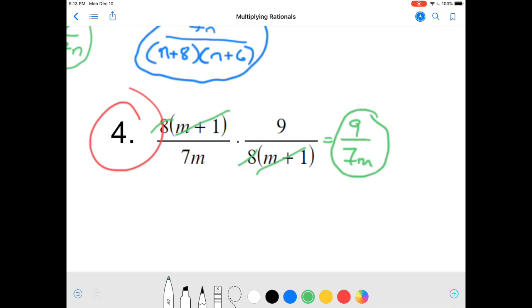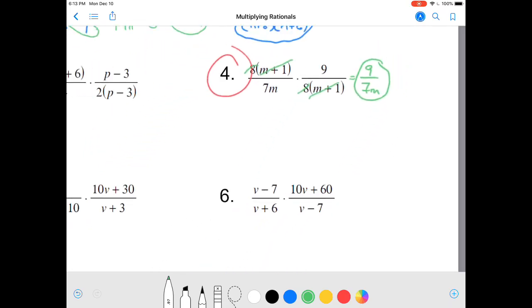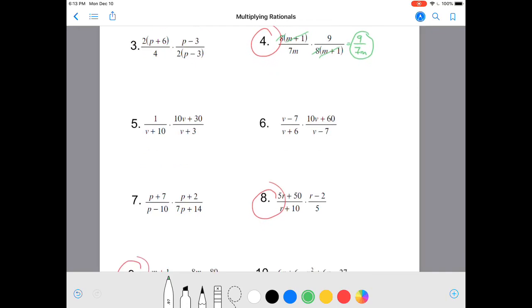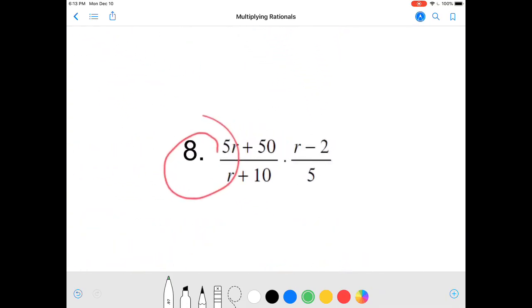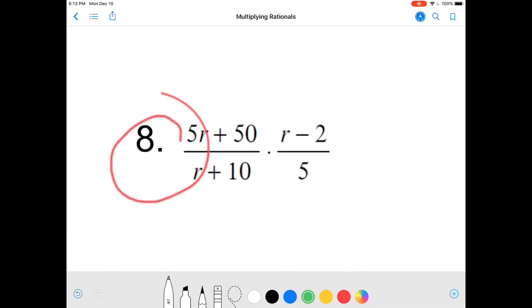Okay, hopefully you have those copied down on your worksheet, so now we can move on to problem number 8. So for problem number 8, we're going to have to do some factoring before we can simplify. So we're going to look at the numerator 5r plus 50 and find a common factor between 5r and 50 to try to get that simplified down.